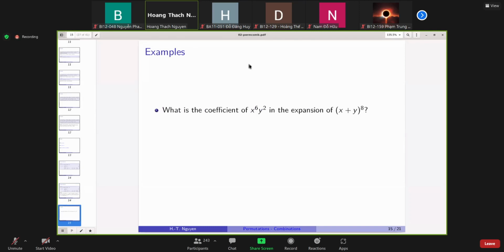Now let us do some exercises. Quick questions. Please give me the coefficient for x to the 6 y squared in the expansion of x plus y to the power 8.